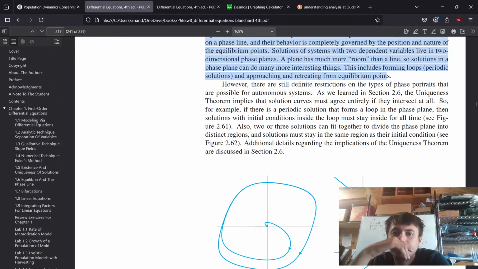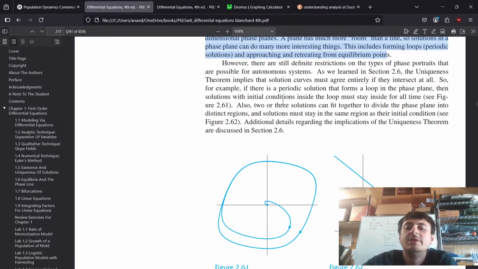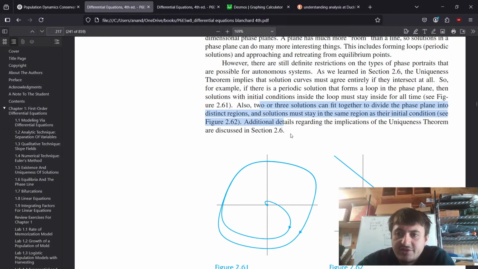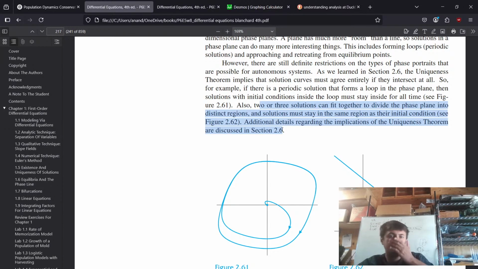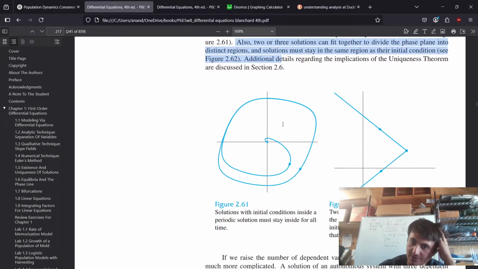As we learned, the uniqueness theorem implies that solution curves must agree entirely if they intersect at all. For example, if there's a periodic solution that forms a loop in the phase plane, then solutions with initial conditions inside the loop must stay inside for all time. 2 or 3 solutions can fit together to divide the phase plane. And solutions must stay in the same region as their initial condition. Okay.